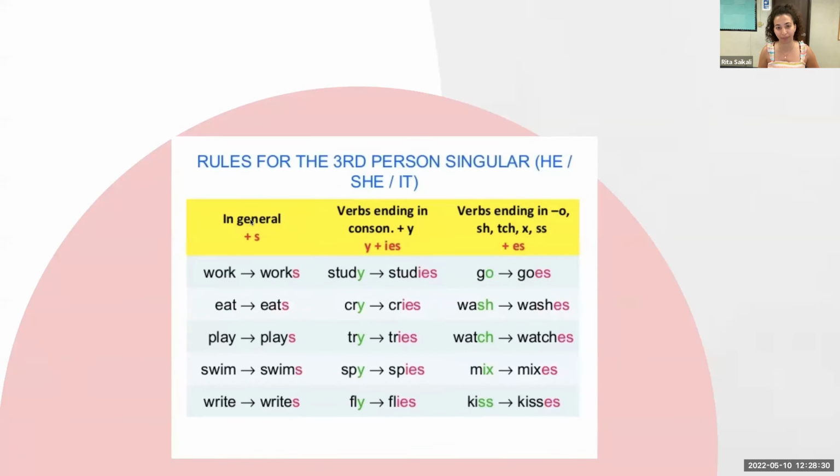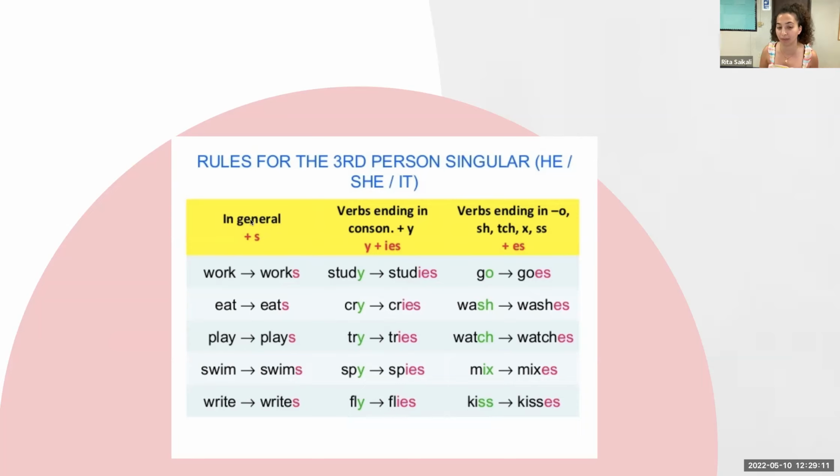Awesome. Okay. This is a general rule for third person singular. Generally almost all of the verbs take S at the end. If it ends with a Y and it sounds like an E sound, like study, cry, try, play is not part of it, right? Play is different, but for the most part, if it ends with a Y and it sounds like an E sound, then you take away the Y and you add IES.